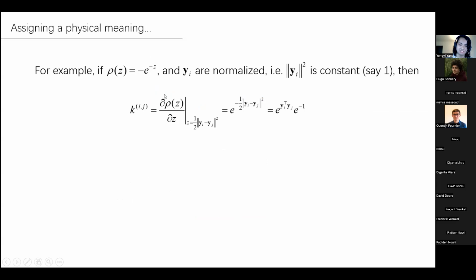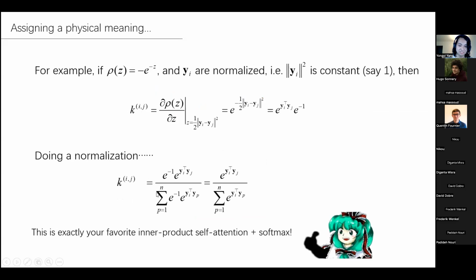After some calculation, we find the specific form of this coefficient k, which is like this. If we normalize it, it becomes this. And we find this is exactly our favorite inner product self-attention with softmax normalization.